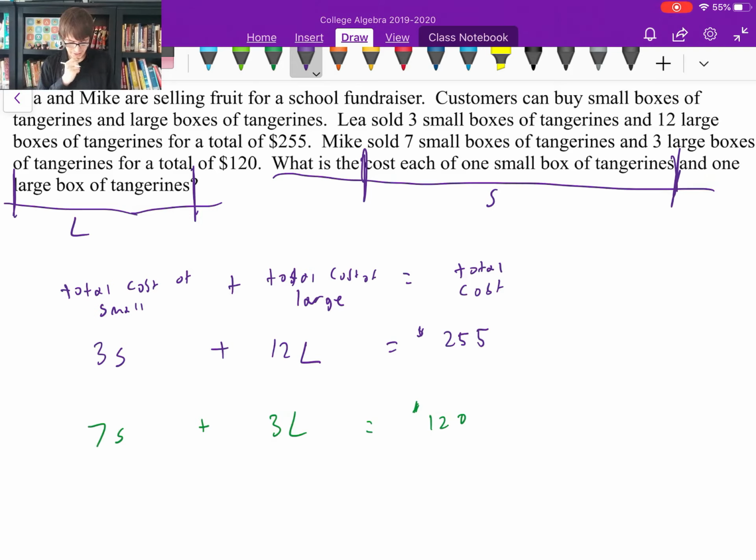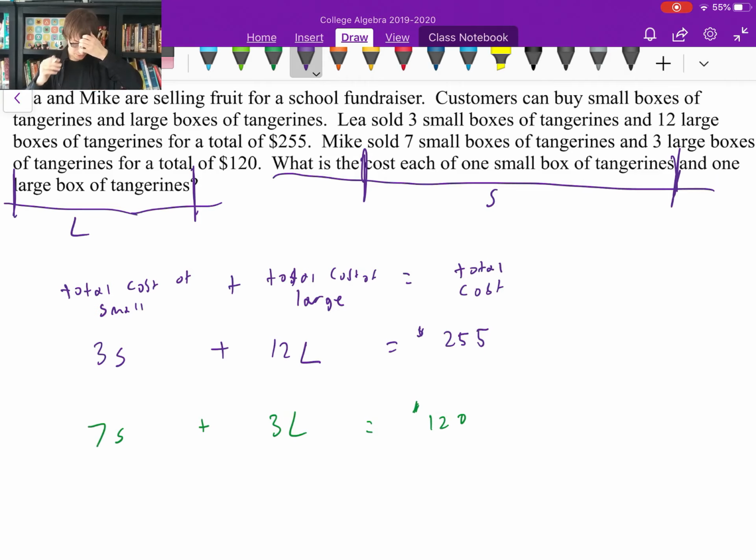But the problem is that there's no easy way to line up the S's. The 3 and the 7 don't equal each other, and the 12 and the 3 for the L's don't equal each other. So we have to multiply at least one of the equations by some number in order to make the L's line up or the S's line up.